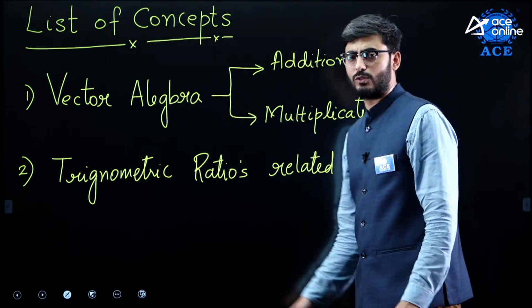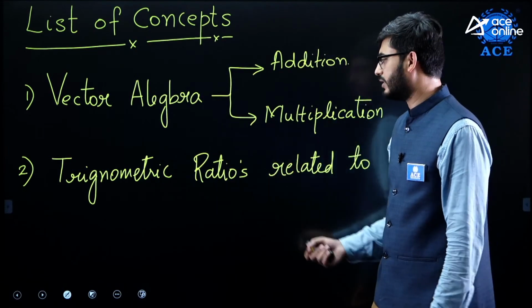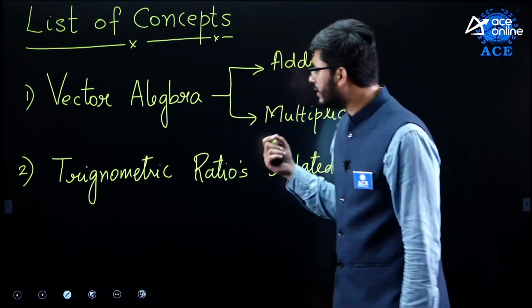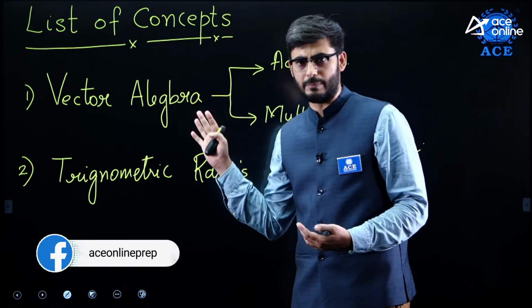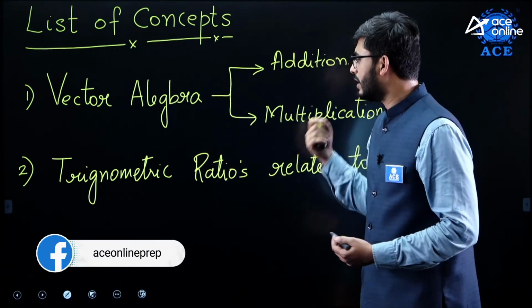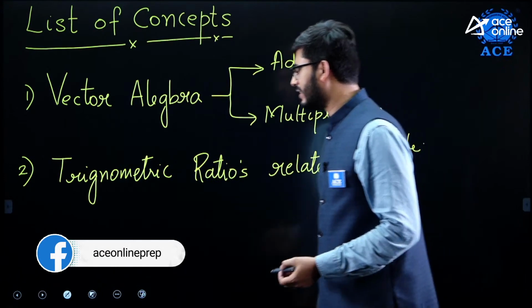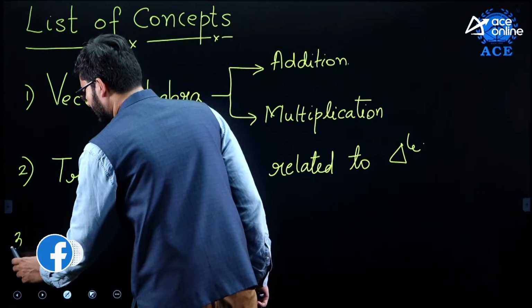Here we'll be dealing with cosine rule, sine rule, all these things will be there. And in vector algebra, guys, we have the parallelogram law of vectors, which is also the most important one. We'll be making extensive usage of that also.